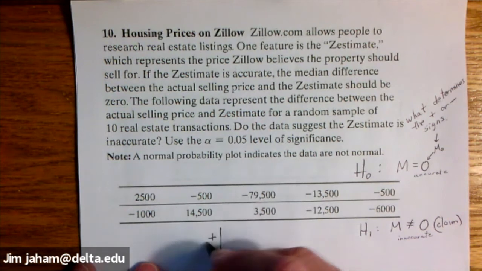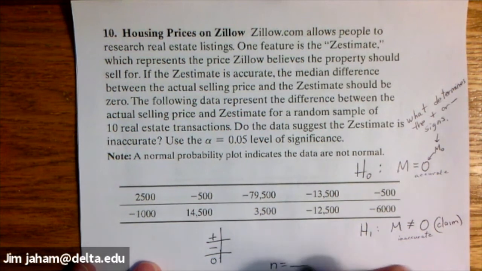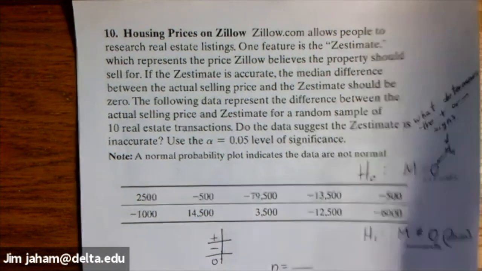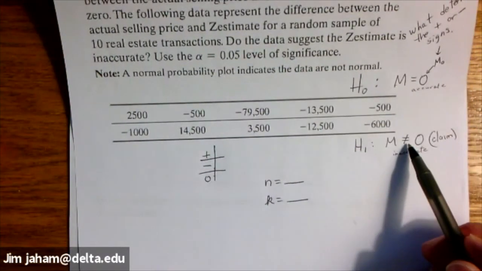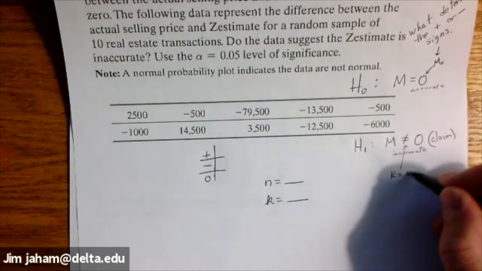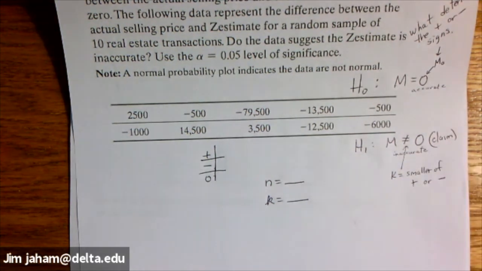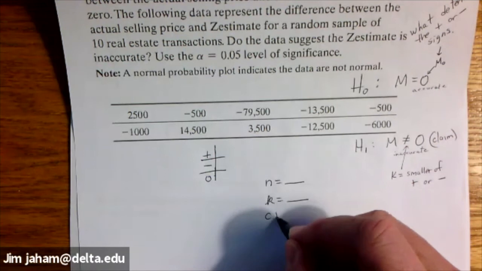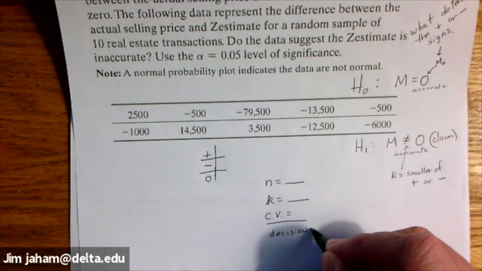Number of plus signs, number of minus signs, number of zeros, and then what is n, and then what is k, and in a two-tailed test like this, the value of the test statistic is going to be the smaller of the pluses or the minuses in a two-tailed test. Identify the critical value, and then based on what you find above, what is the decision?